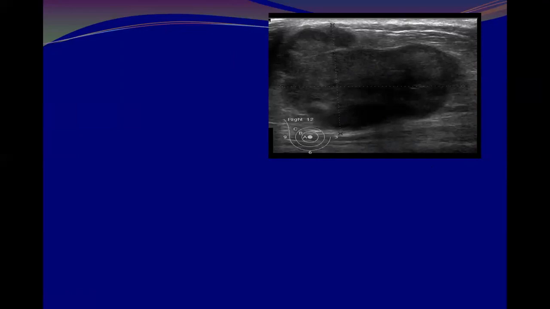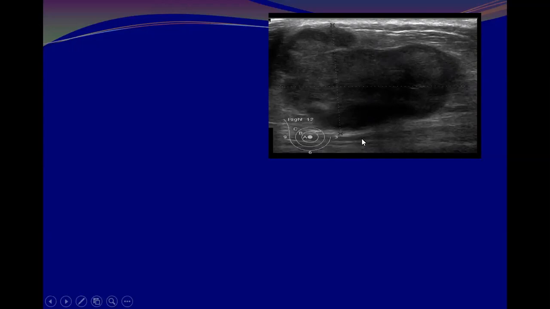Where are the microlobulations here? Multiple lobulations. And large. This is one lobule, and this is another, maybe 3 large lobules.